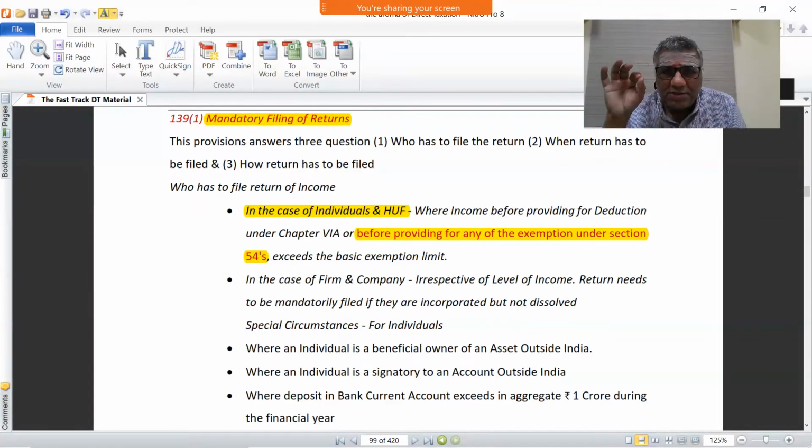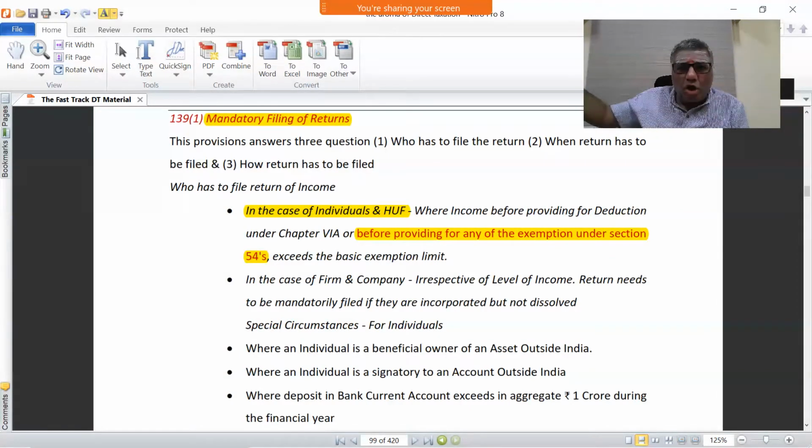Apart from this, if an individual has any asset located outside India, if an individual is a signatory of a bank account outside India, in the case of individuals and HUF, you should file your return of income.